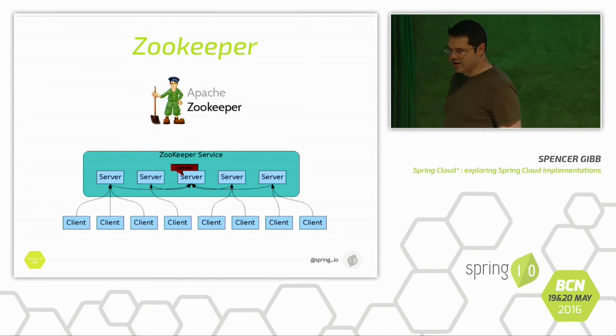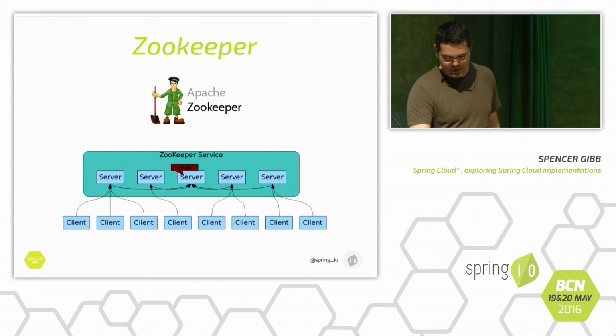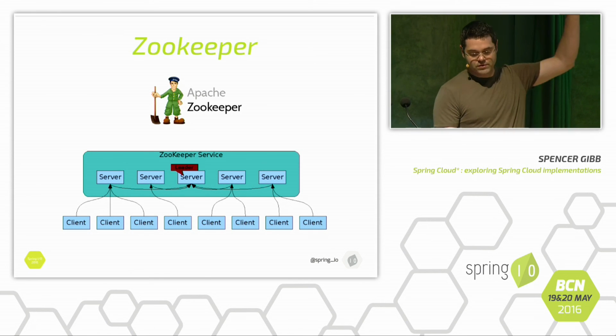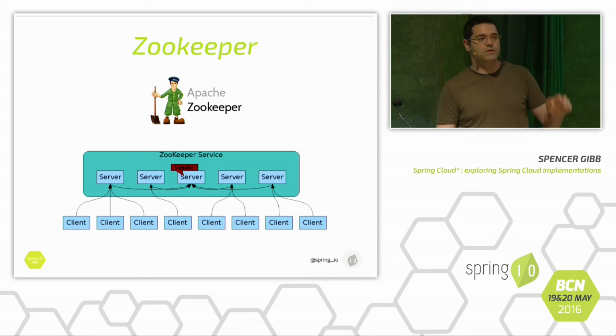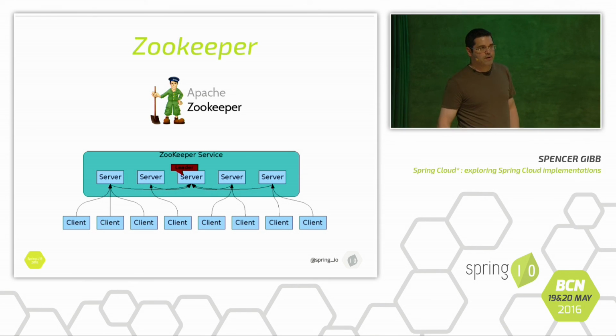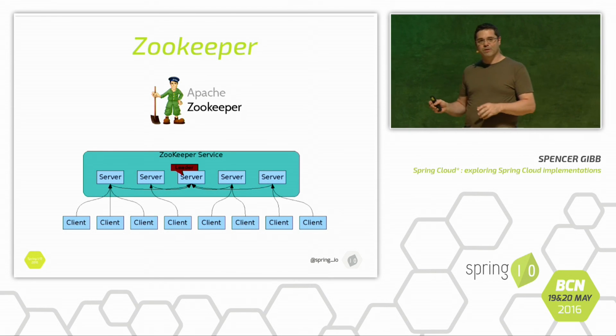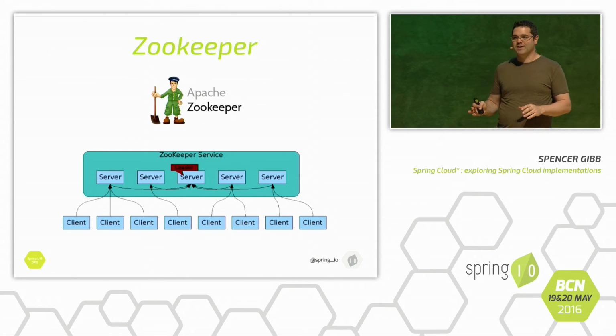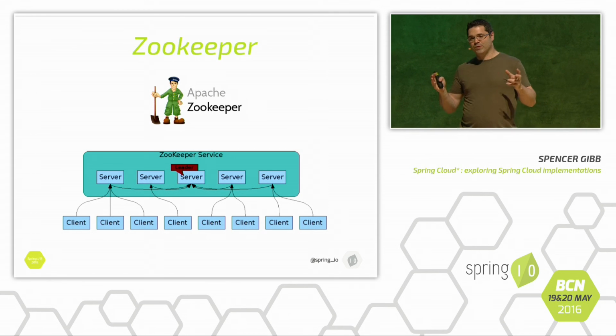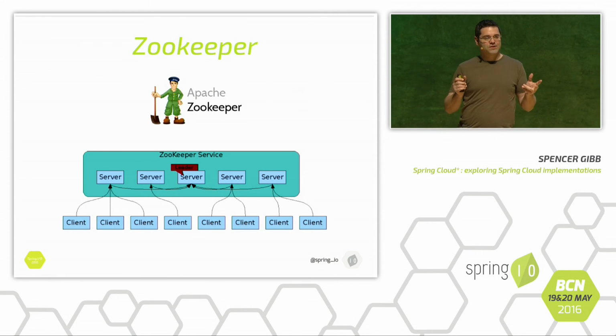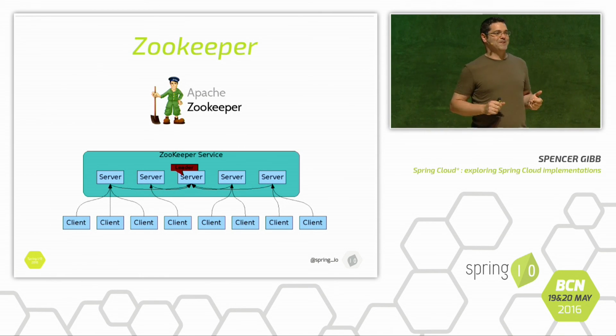Talk a little bit about Zookeeper as well. Anyone familiar with Zookeeper? A few of you, right? This is a coordination system. I can't get a clear definition of what a Zookeeper is, but it's a Swiss Army knife of things to help you in a distributed system.